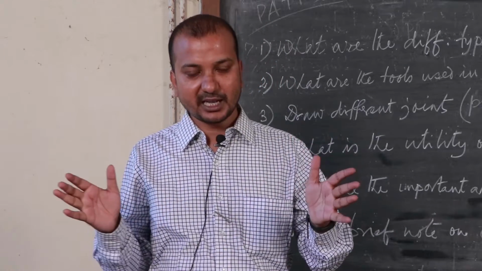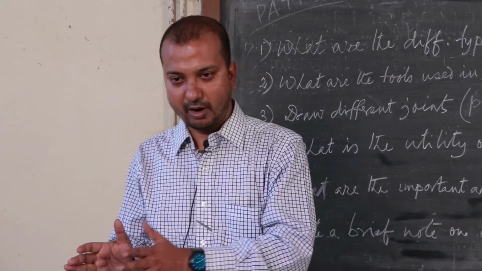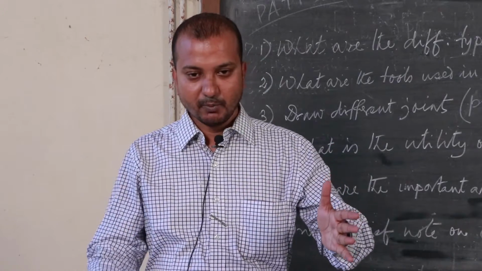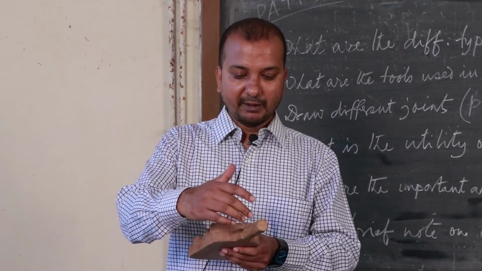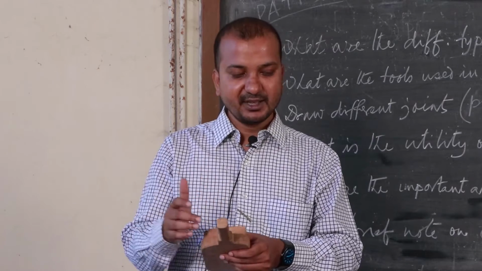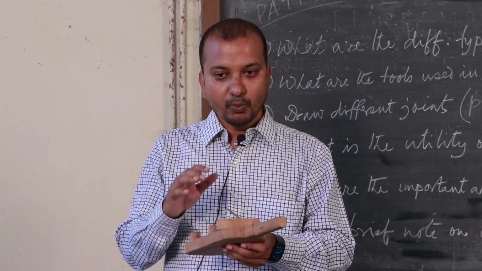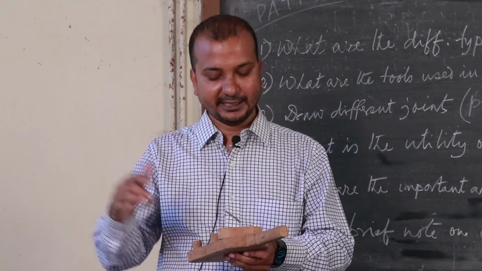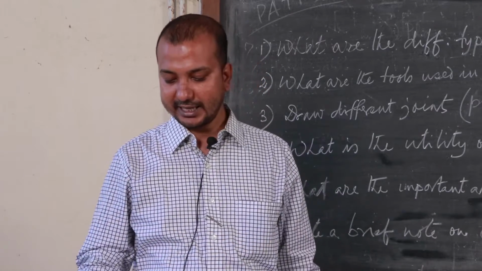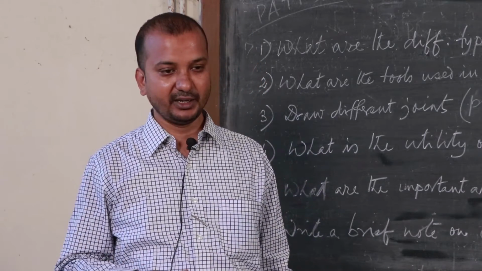So, the dimension will be different from the final product, because here you have to put some extra dimension in the pattern from the final product. So, these are the allowances that should be kept in consideration.